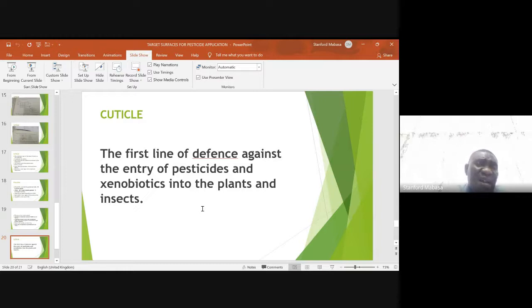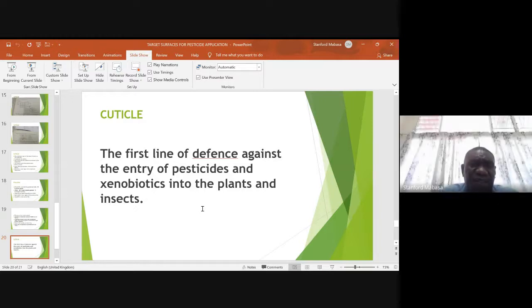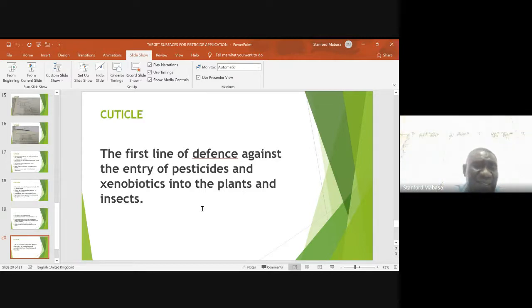So we can actually say that the cuticle is the first line of defense against the entry of pesticides and other chemicals known as xenobiotics into the plants and the insects.